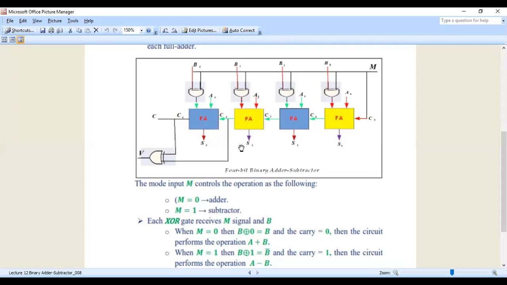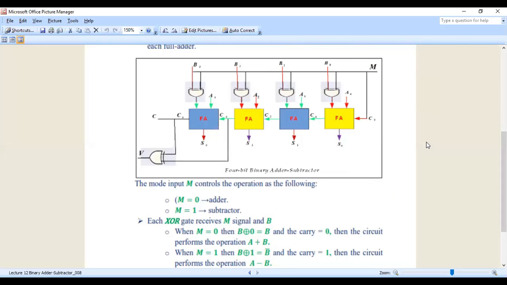Yes, ma'am. So this way we have to perform the binary subtractor. And the same thing you have to cross verify for the adder also. For binary adder, you have to pass the value M equal to 0. So this way we perform both addition and subtraction for this logic circuit diagram.